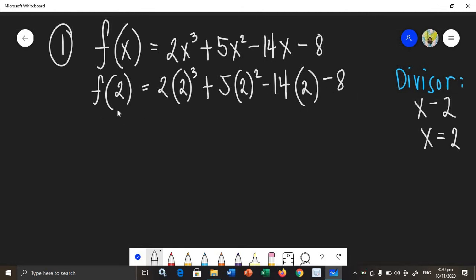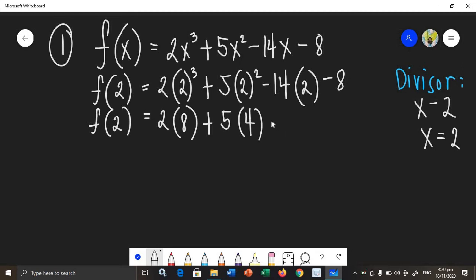And then we need to get rid of all the exponents and the parentheses, so we need to simplify. So we have 2 times 2 cubed, which is 2 times 2 times 2. So that is equal to 8. Okay, 2 times 2 is 4, times 2 is 8, plus 5 times 2 squared, which is 4, and then minus 14 times 2, the answer is 28.